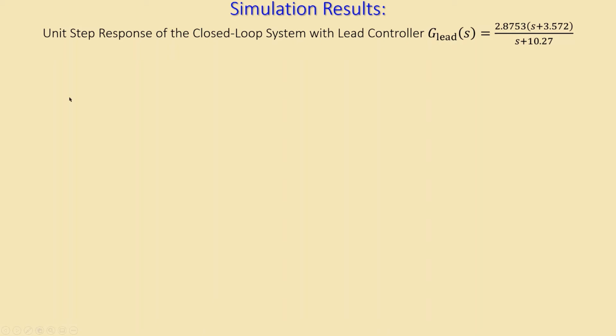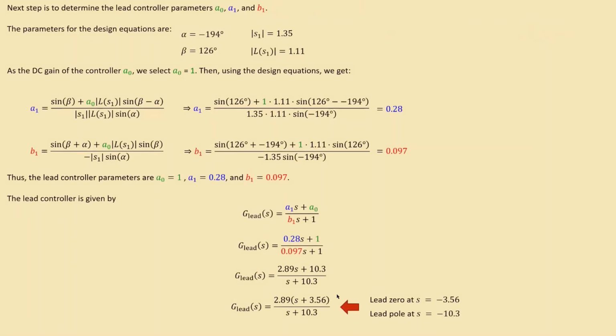So let's look at the MATLAB simulation results. So I've now plotted the unit step response of the closed loop system with the lead controller, glead, and this is what I get actually from MATLAB using the exact values of A1, A0 and B1, etc. What you see is that it's a little bit different than what I had. So if I go back, you can see that the pole was at 10.3 and also the lead controller gain was 2.89 and the zero was 3.56.